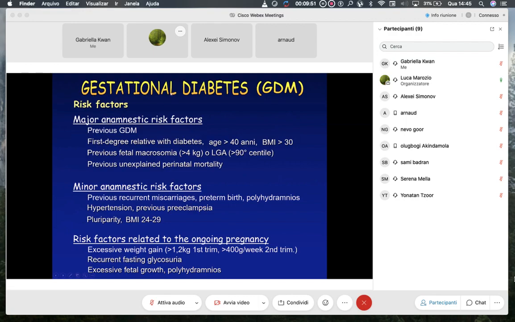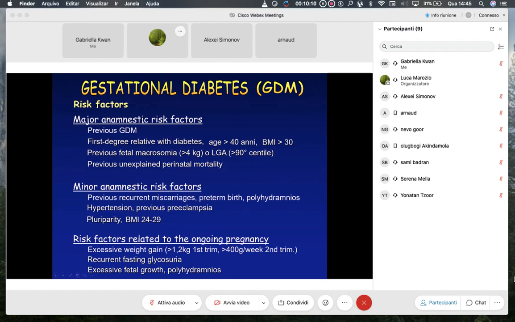Which are the risk factors for gestational diabetes? We distinguish among major and minor anamnestic risk factors and risk factors related to the ongoing pregnancy.